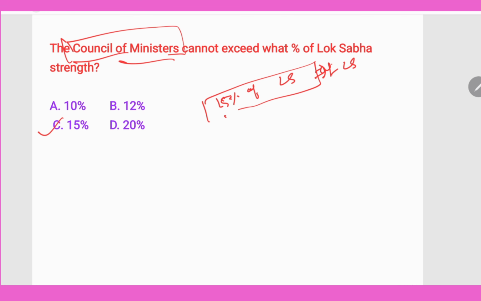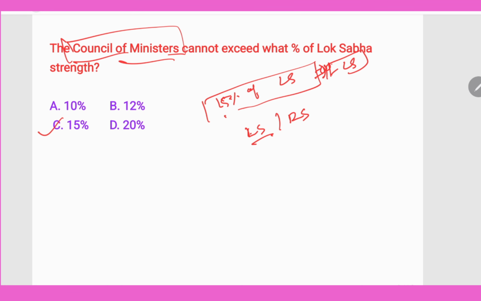But a minister can be either from Lok Sabha or from Rajya Sabha. Remember, a minister of the Council of Ministers can be from either Lok Sabha or Rajya Sabha, but the maximum strength should be 15% of Lok Sabha.